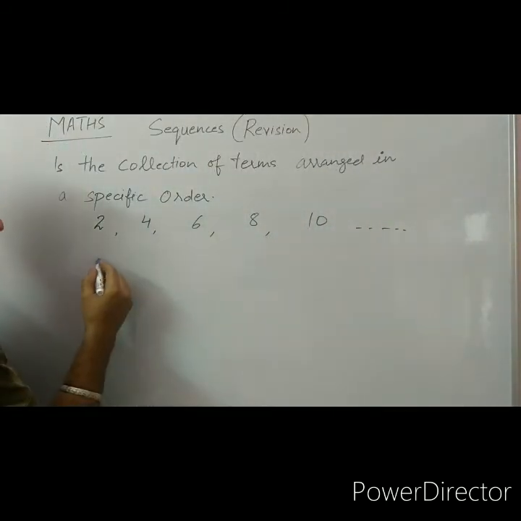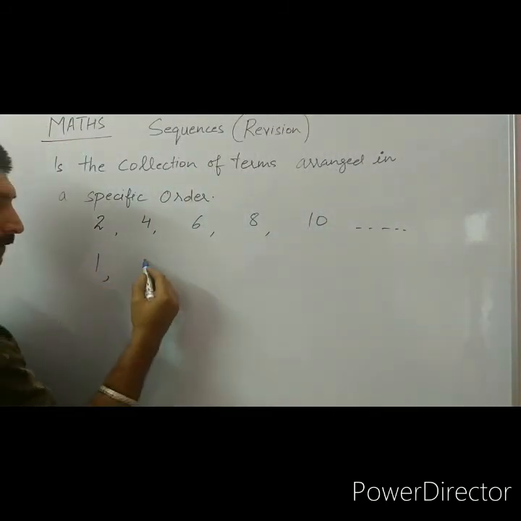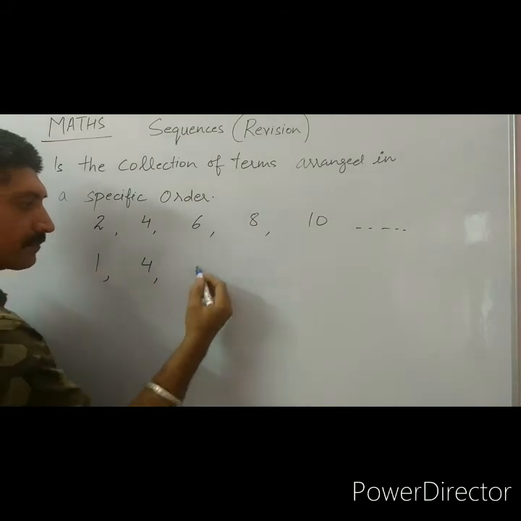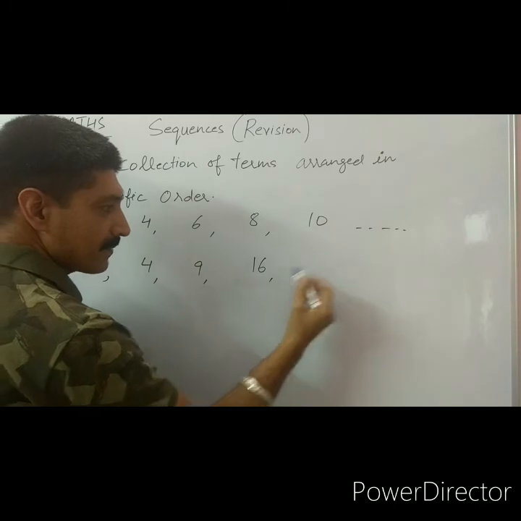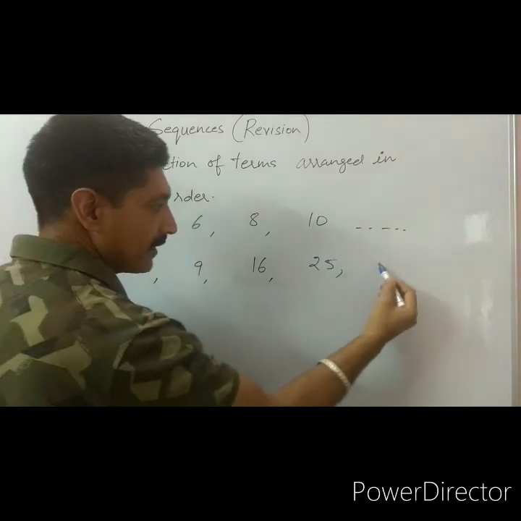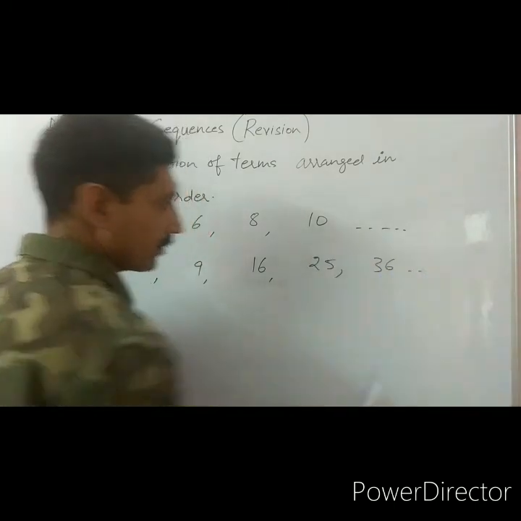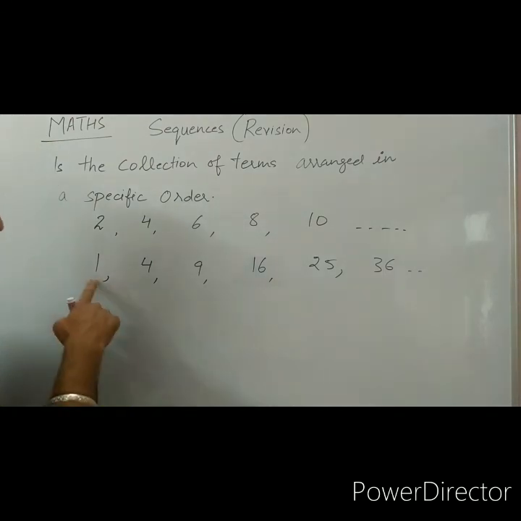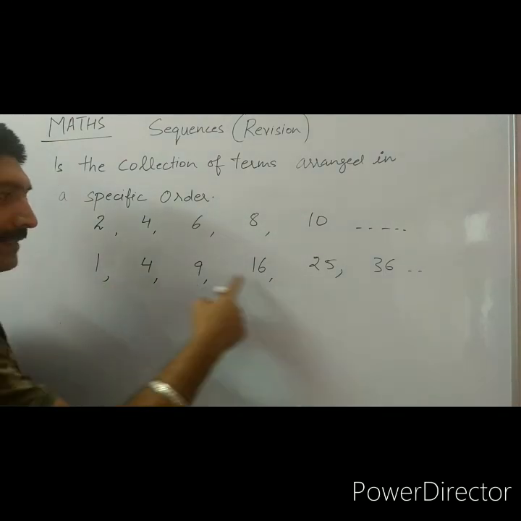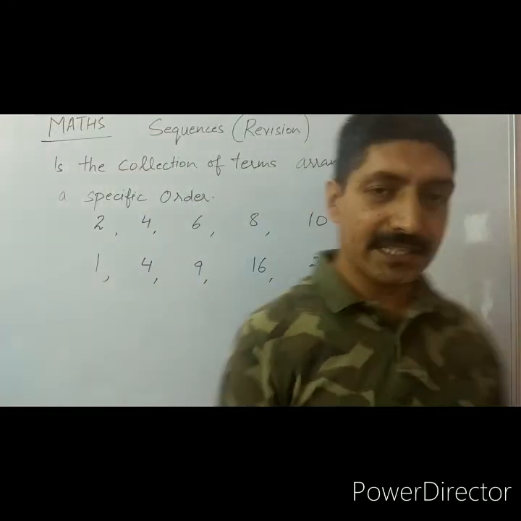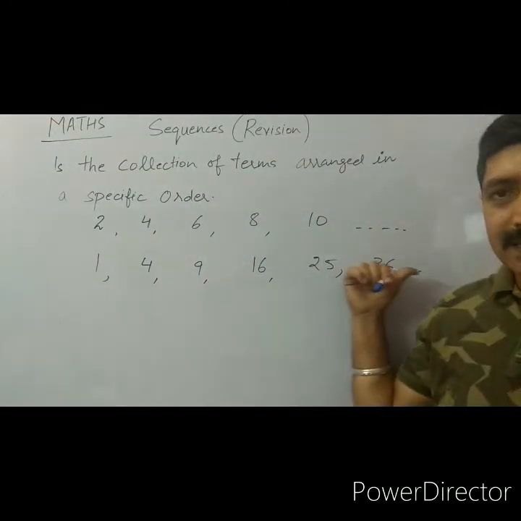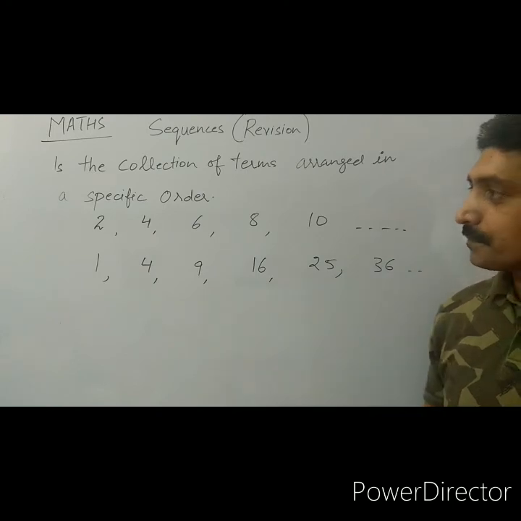One more example of a simple sequence: 1, 4, 9, 16, 25, 36, and so on. Here also the first term is 1, then 4, 9, 16, 25, 36, 49, 64, and so on.